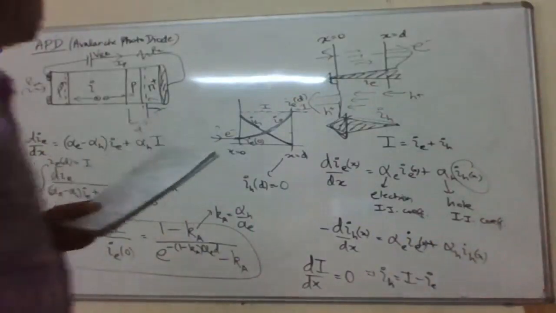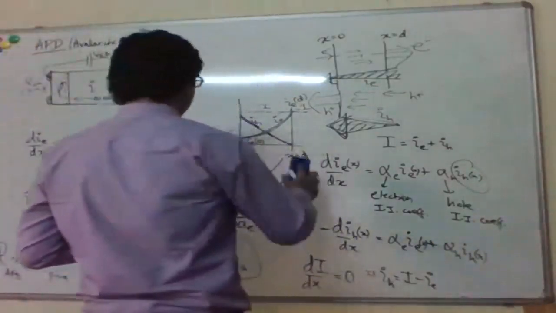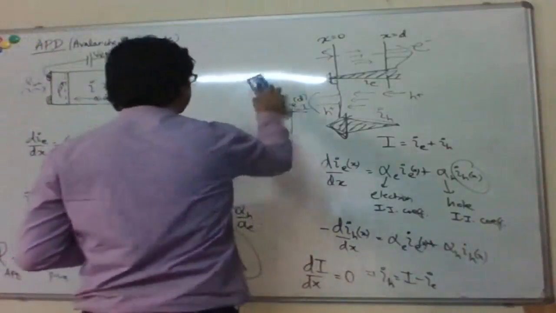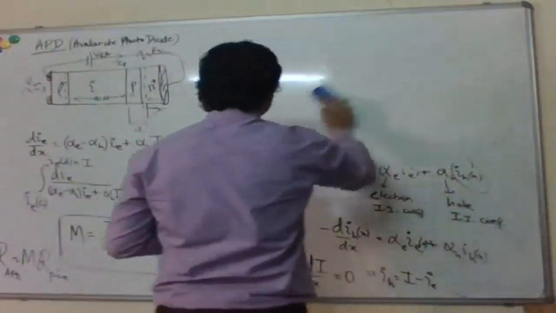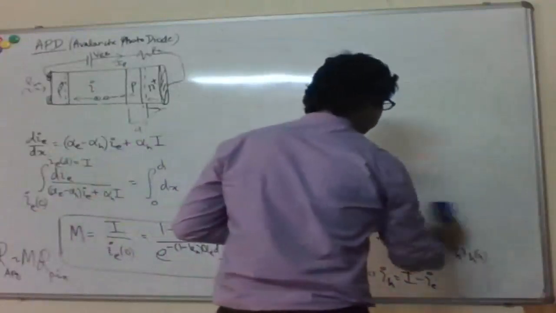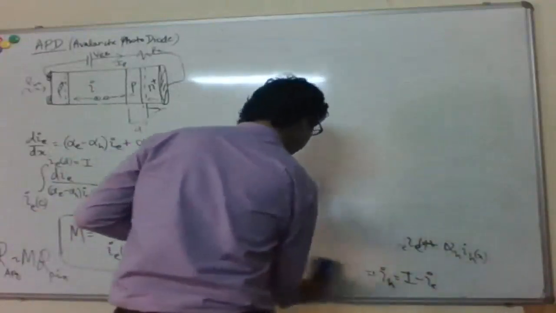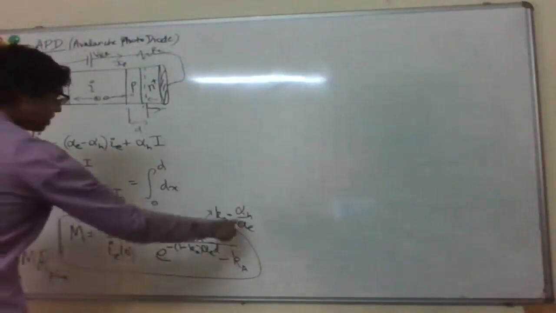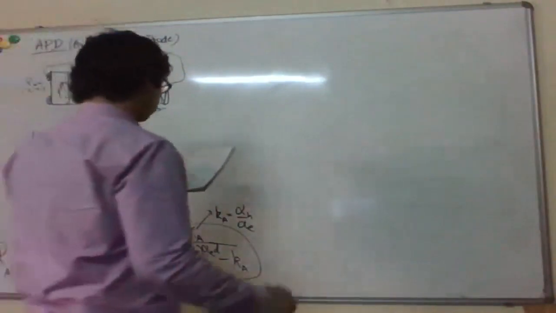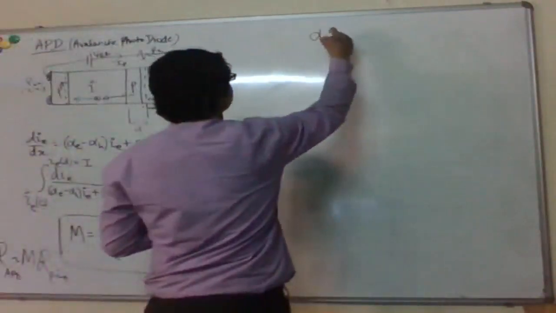So let's see what the values of this M can be for some typical parameters. Of course it depends on this Ka value, the ratio of the hole and electron impact ionization coefficients.